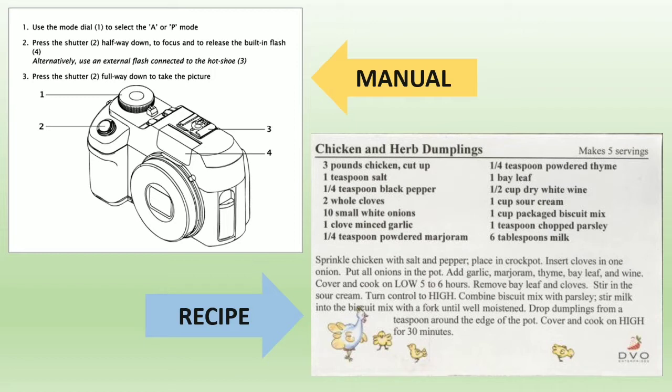Coba kalian perhatikan kalimat pada kedua teks tersebut. Kedua teks menggunakan command atau imperative sentence atau kalimat yang berupa perintah, seperti sprinkle chicken with salt and pepper, dan juga menggunakan simple present tense.